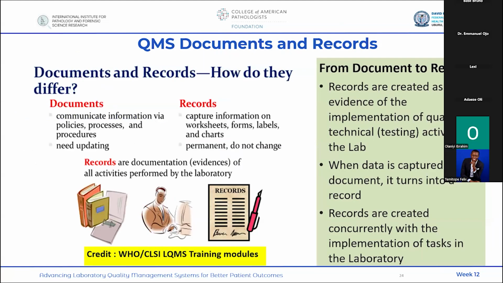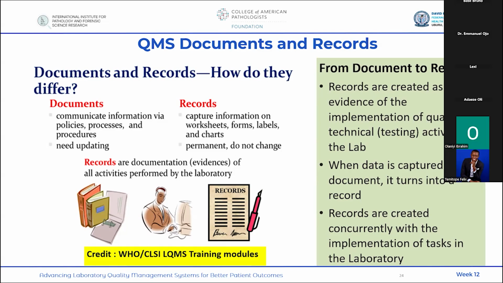So we can't talk about documents without also talking about records. Documents communicate information through policy, processes, and procedures. It needs review. Records capture information on worksheets.